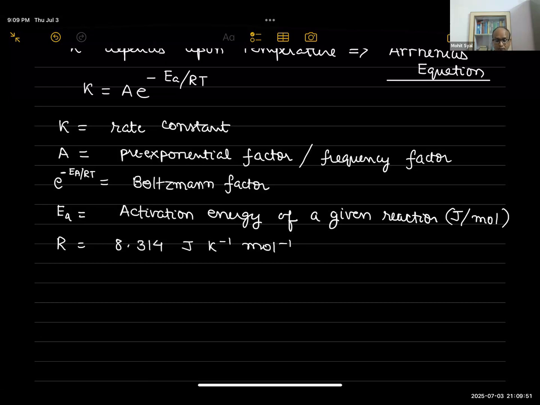Got it? And what is T? This is the temperature in Kelvin. In Kelvin, you need to take. Got it?